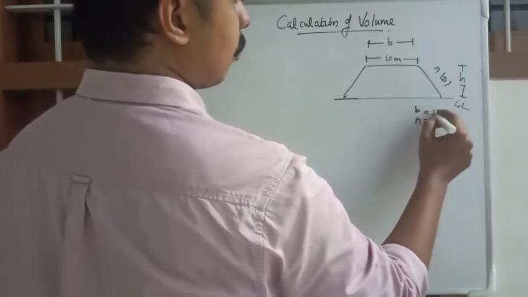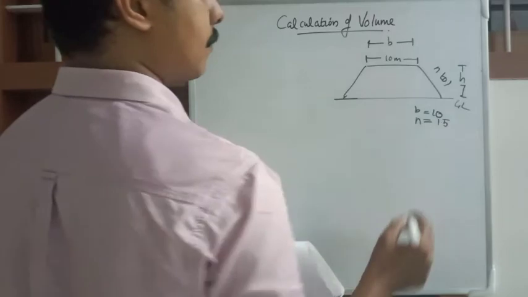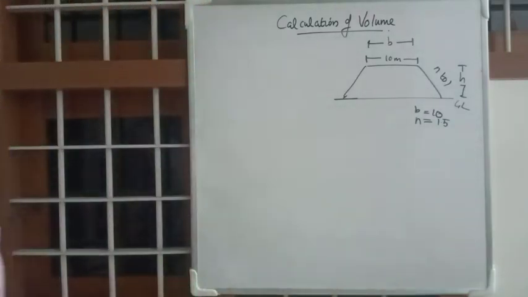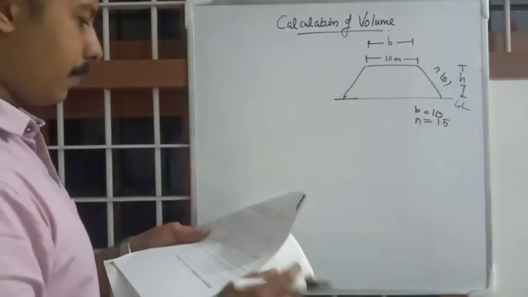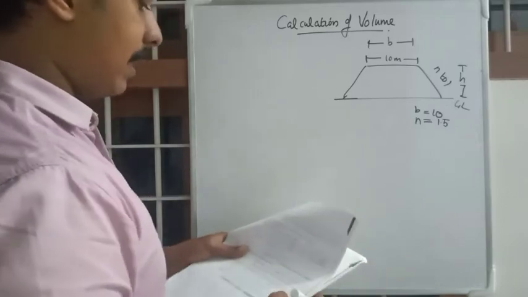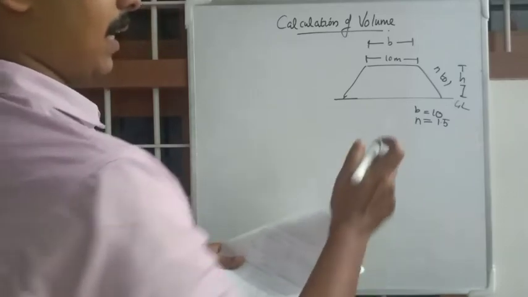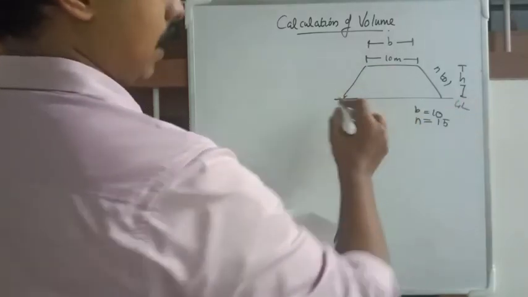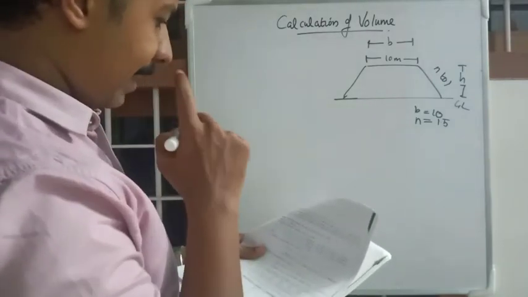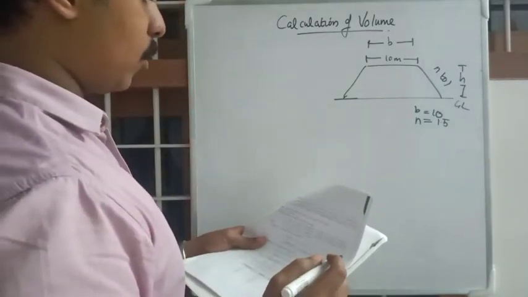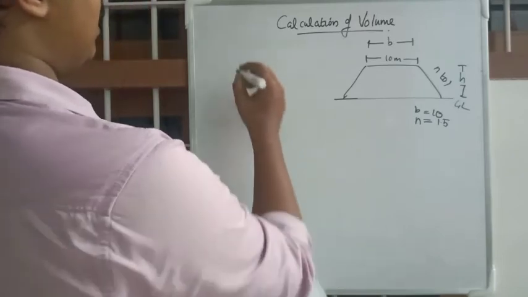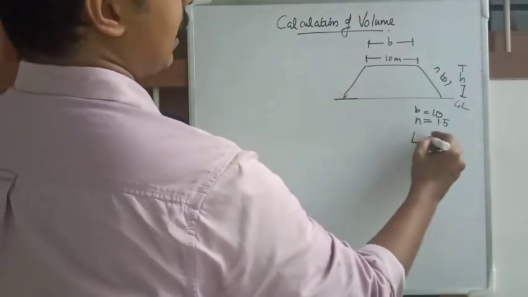B was 10. Assuming the ground to be level in a direction transverse to the center line, calculate the volume contained in a length of 120 meters.